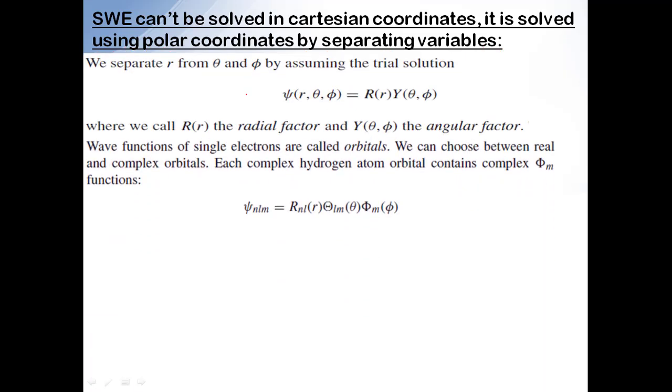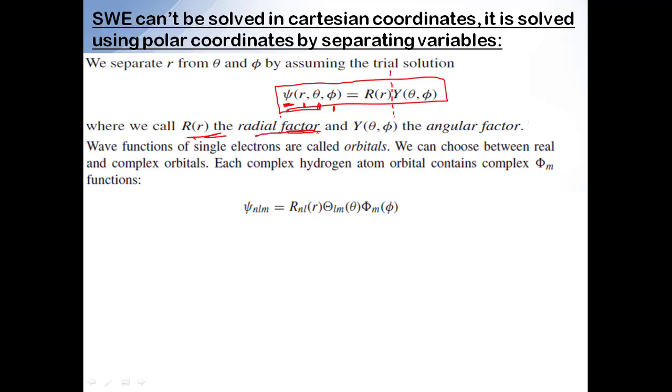See, this is polar coordinate r, theta and phi. This is the wave function. This can be written as capital R of small r, times Y in the braces theta and phi. So here you can see there are two terms.